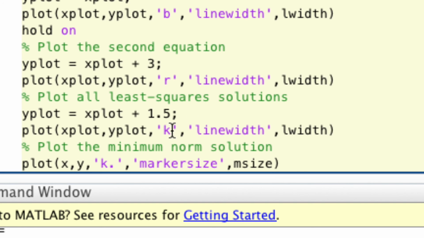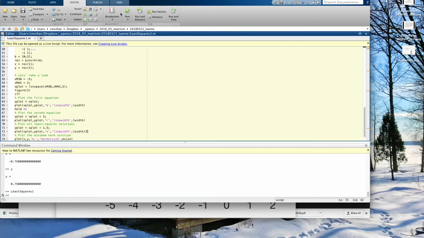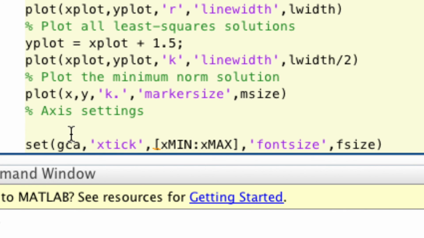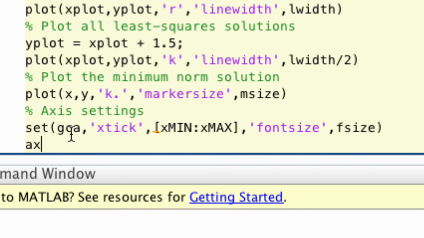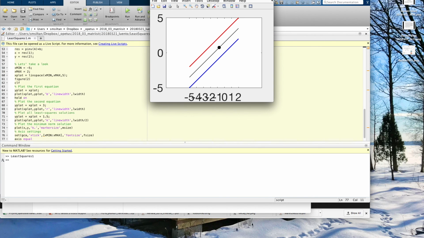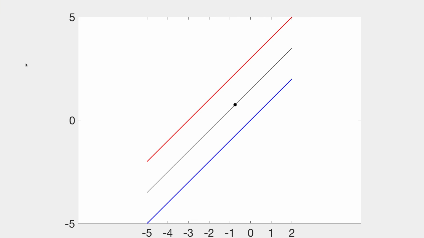Let's see what happens. To put it briefly, I want circles to stay circles and not ellipses. I don't want the plot to stretch in any way, so I will put here axis equal. Okay. So this is our situation.